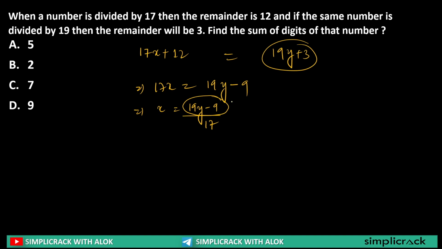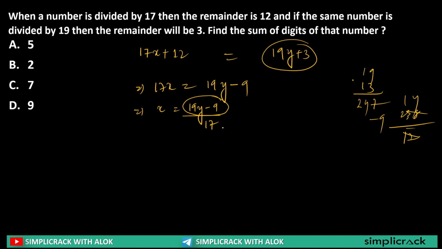No, it's not possible. 19 into 11 is 209, minus 9 is 200. Not possible. 19 into 12 is 228, minus 9 is 219. No, it's not possible. 19 into 13. Yes, it may be possible. So this whole thing will cross out.